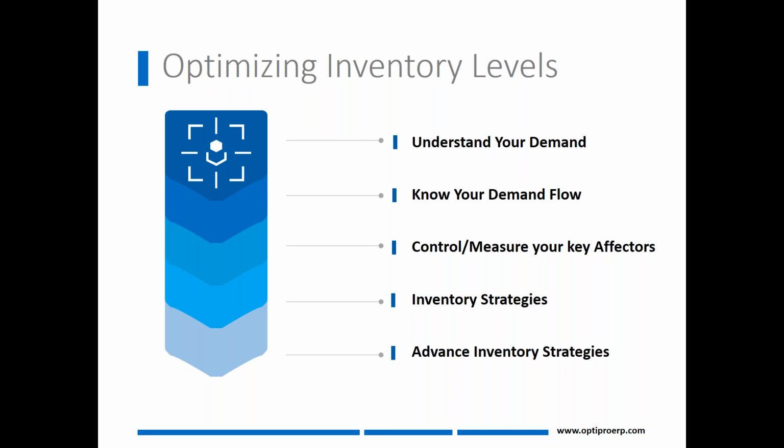Another way of optimizing inventory levels is your inventory strategies. So people use things like safety stocks. They use max and mins. Some people have advanced to the point that they're actually using consignment inventory. So that is to say, people are actually putting inventory on your shelves and you only pay for it when you use it. You can imagine the risk if your inventory best practices are out of control.